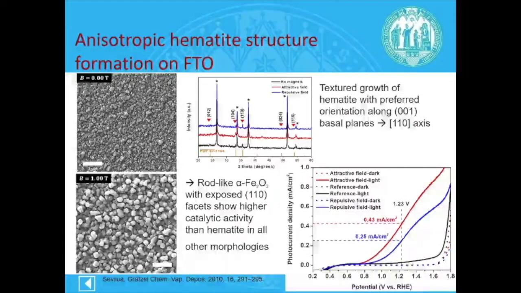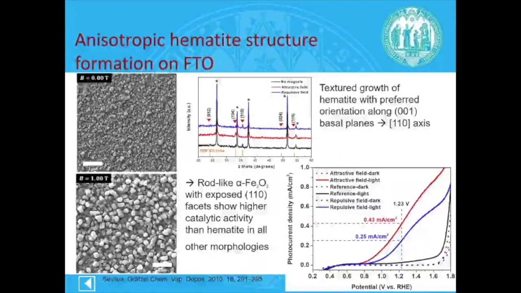This was done on a very small substrate, so the overall photocurrent value is small. But on the whole, this is a very promising approach because we are using the same material. Just by changing the processing conditions, we have a very high activity. So almost double the photocurrent just by applying a magnetic field, which is orienting all the magnetic grains in a certain direction.